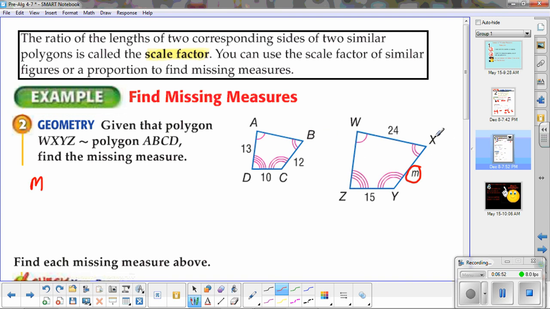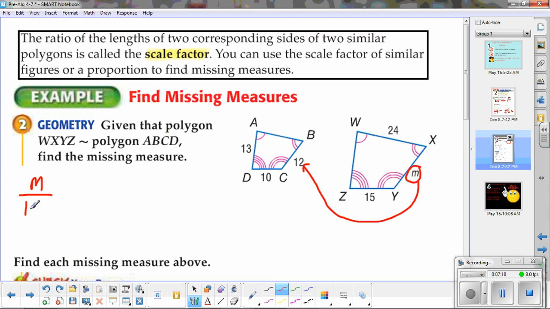M is between X and Y, or it's the side XY. XY is going to be the same as BC in the other one. I can also tell that by looking at these angle marks. It's between the 2 arc and 3 arc, 2 arc and 3 arc. So this matches up with this.